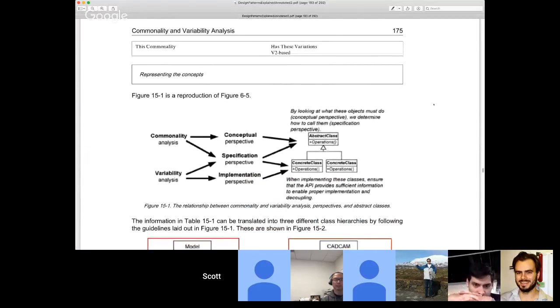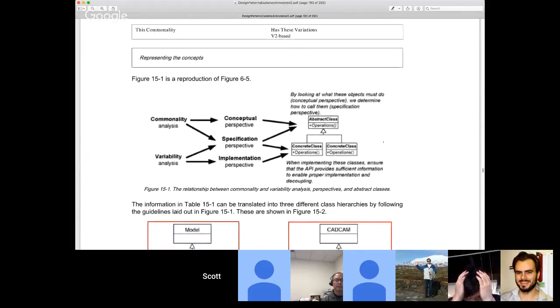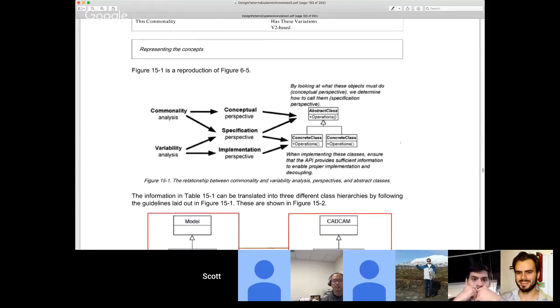So this is an interesting diagram that he goes down into, and that is he has the commonality, which is the stuff he can put in the abstract class, and then he has the variability, which can go into the concrete classes. That's kind of one idea he can look at.